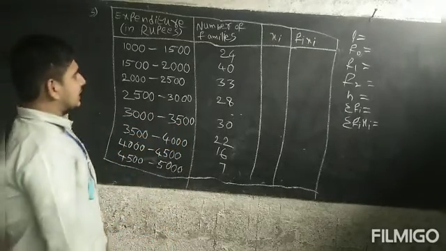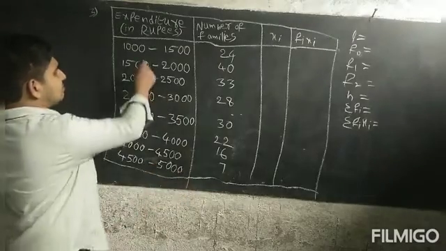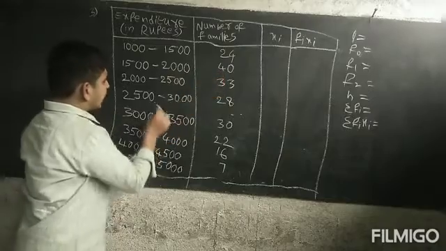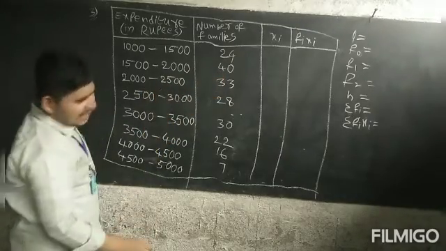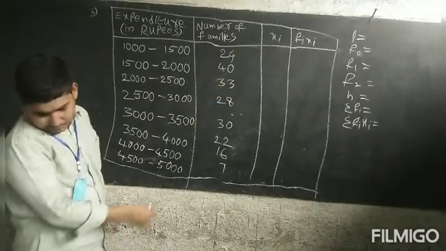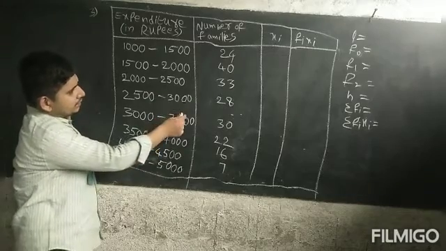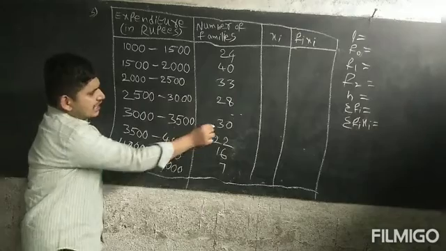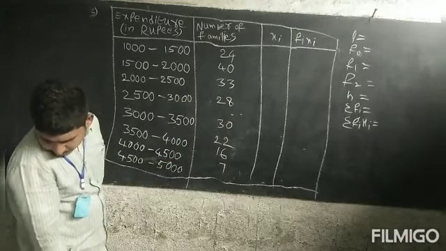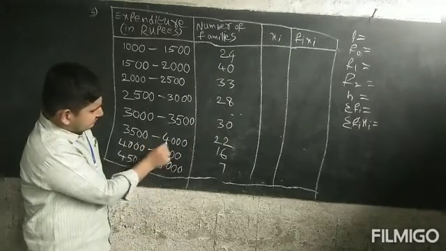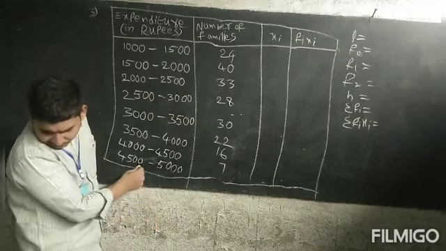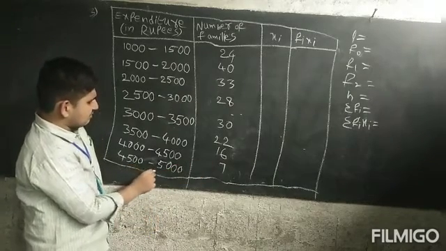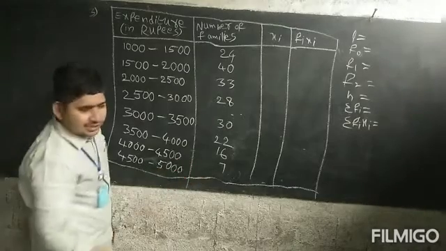The given data is 1000 to 1500, 1500 to 2000, 2000 to 2500, 2500 to 3000, 3000 to 3500, 3500 to 4000, 4000 to 4500, 4500 to 5000.